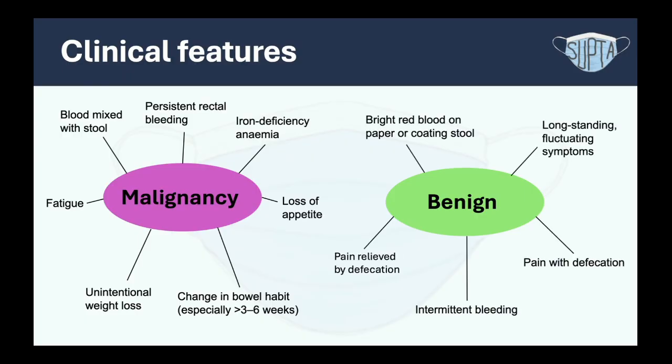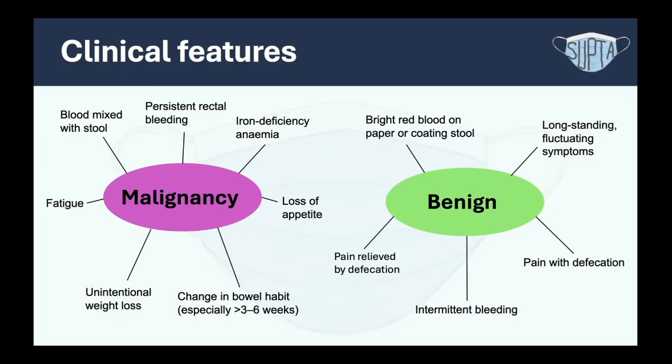Now let's compare that to more benign features. Like blood on paper or coating stool, which typically points to a source in the distal rectum or anal canal. And for long-standing fluctuating symptoms, benign conditions often go on for years and they come and go rather than progressively worsen like many malignancies.